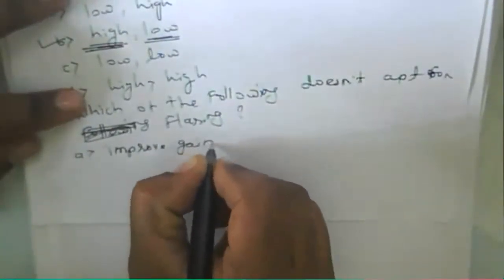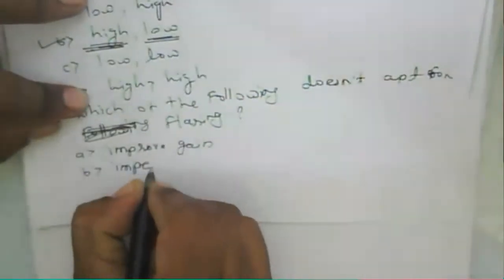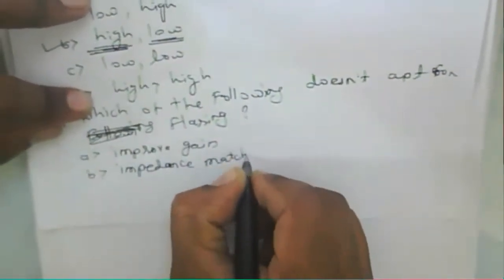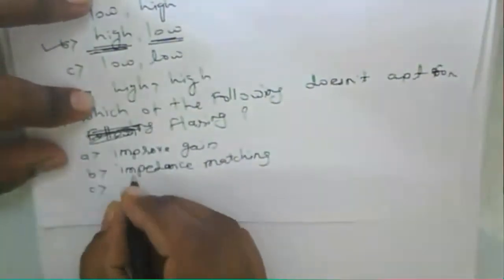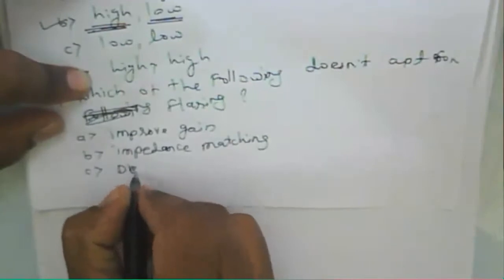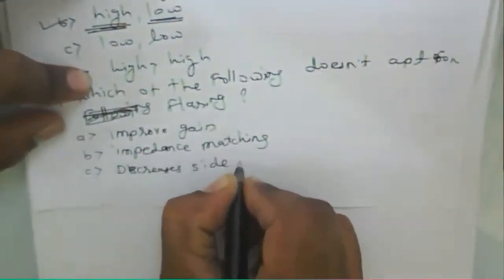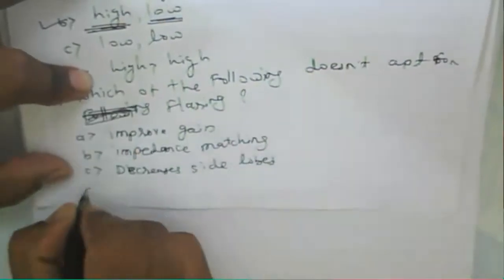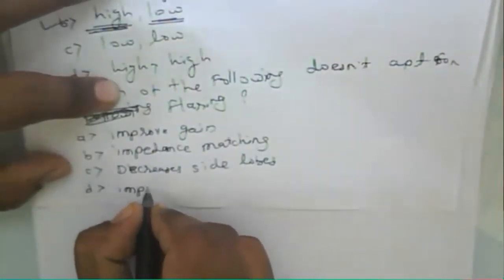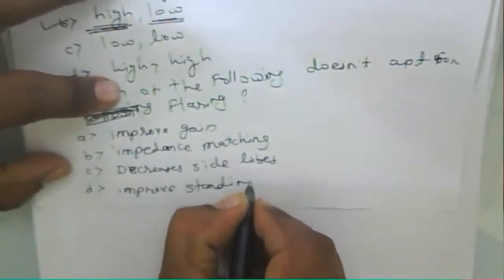Okay, so the options are: A, improve gain. B, impedance matching. C, decreases side lobes. And D, improve standing wave.